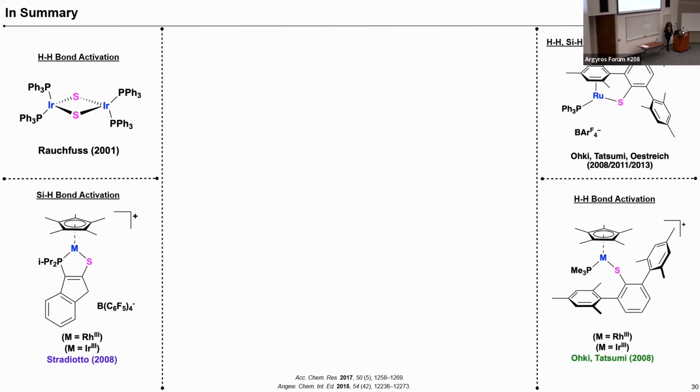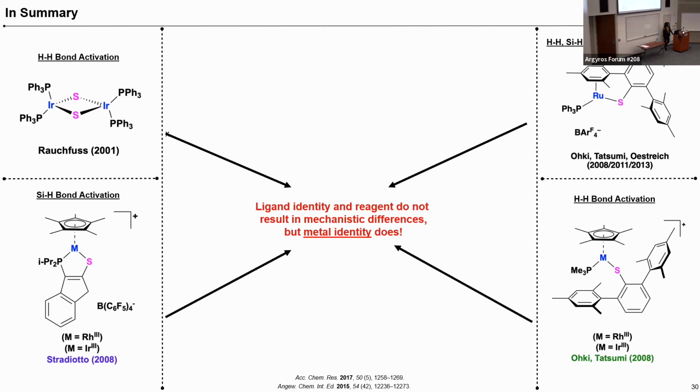Is there something going on mechanistically? These are all questions that were raised, but based on the research presented today, we've come to the conclusion that ligand identity and reagent do not change the mechanistic differences in the bond activation process, but metal identity ultimately does.